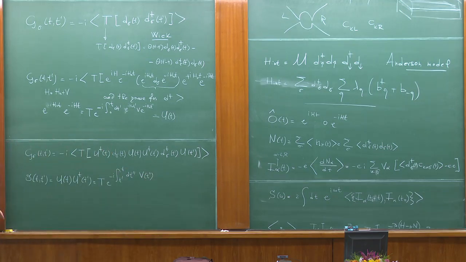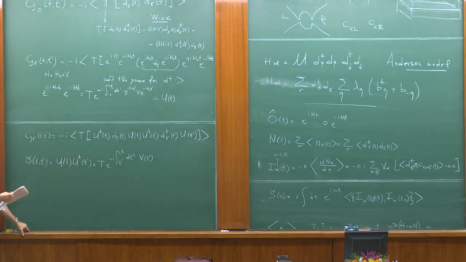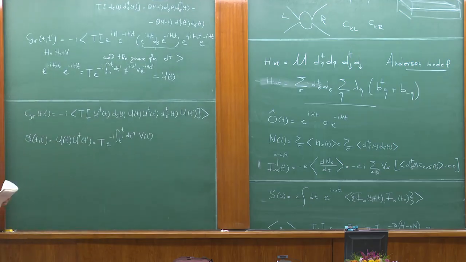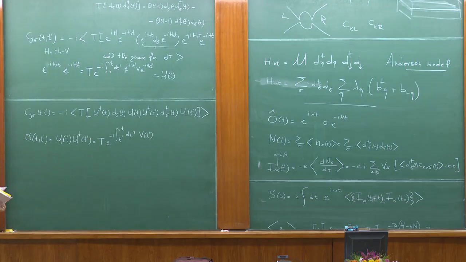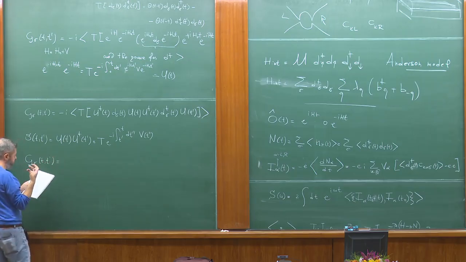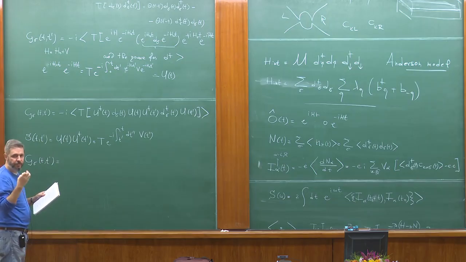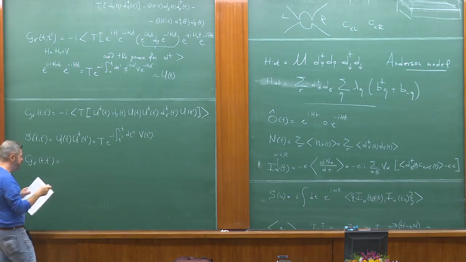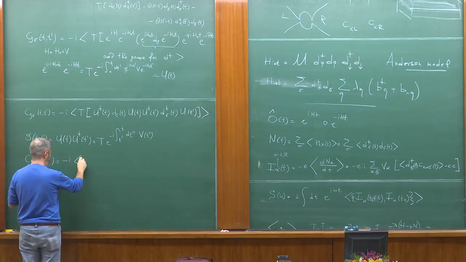So this is the S matrix. And the reason you introduce this S matrix is that now you can write your Green function in a way that is actually physically interesting. I will explain in a second.